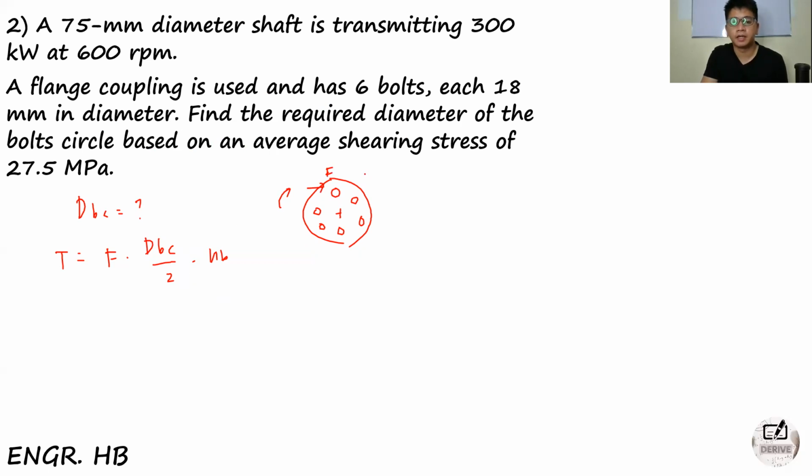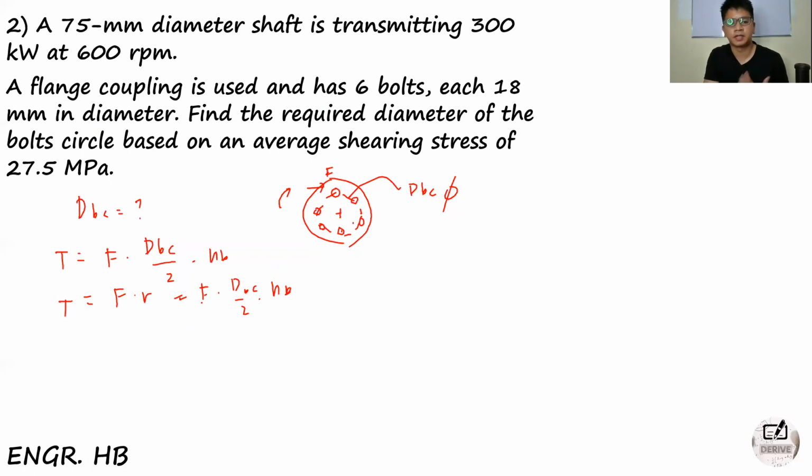The DBC refers to the bolt circle. It's just like force times radius, or force times diameter over 2, and you just multiply by the number of bolts. So DBC, and insert the torque.